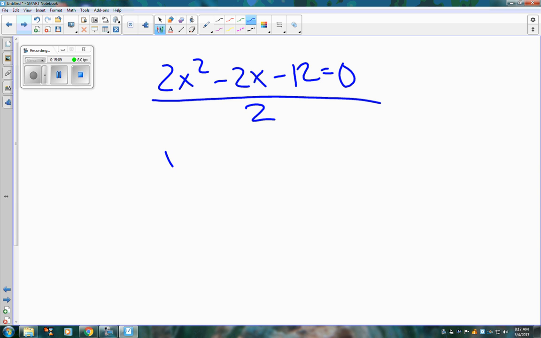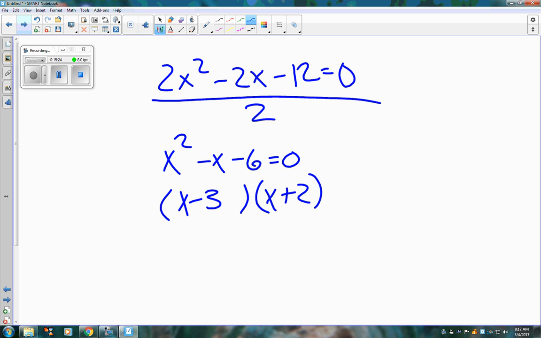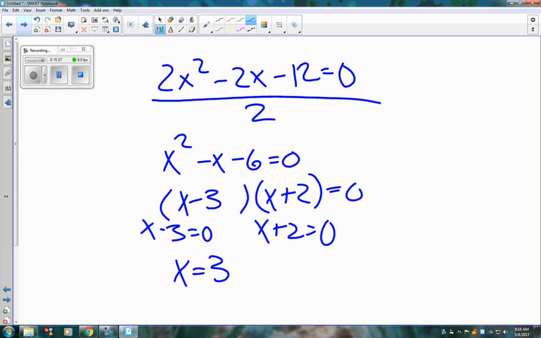So I get x squared minus x minus 6 equals 0. Alright, what are factors of negative 6 that will add to give me negative 1? Negative 3 and positive 2. So what's my answer? Yep, C.